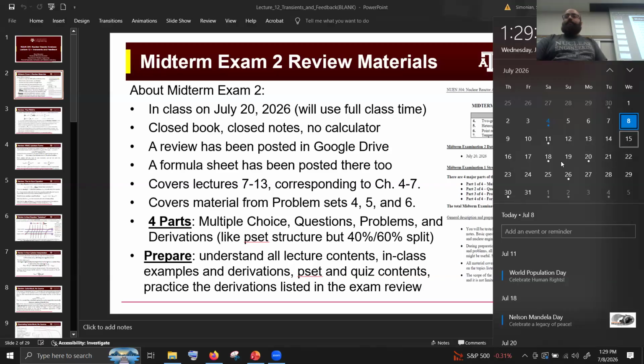But I'm giving you the review materials now, because I'm going to cover everything that's going to be on the exam after next class. So on the 13th, that's going to conclude the exam two material. I'm still going to lecture on the 15th, but it's going to be over the stuff that you'll see on the next exam. So you should be here because that's going to show up on the final.